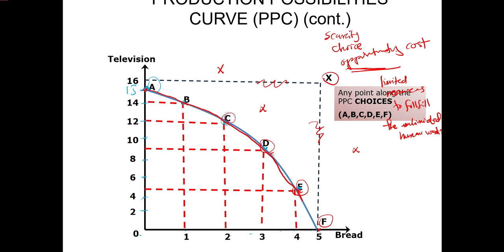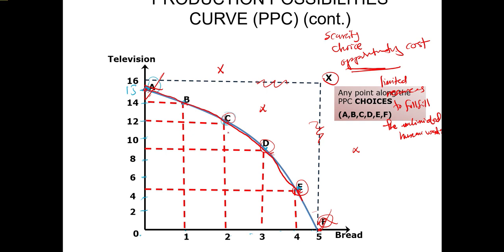Okay, and we don't prefer A and F because they violate the first assumption, that the country must produce two types of product. A means it produces only TV, F produces only bread. So which one will the country choose depends on the demand of the people inside the country.